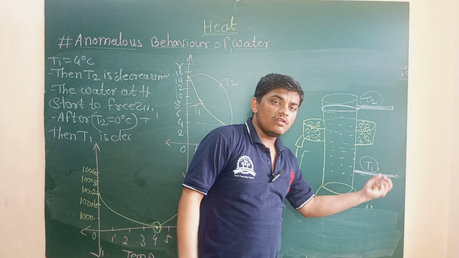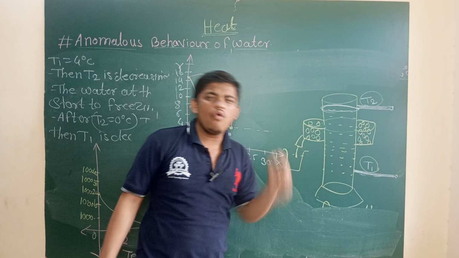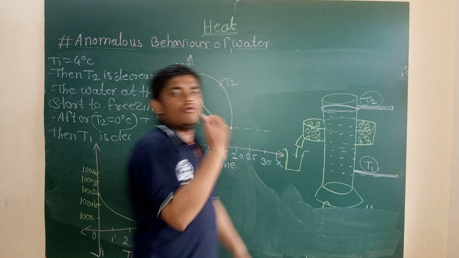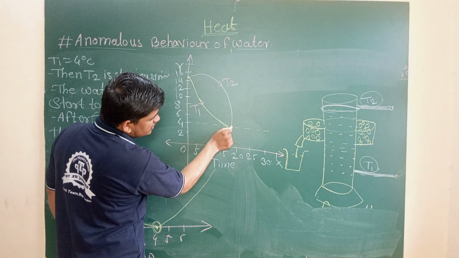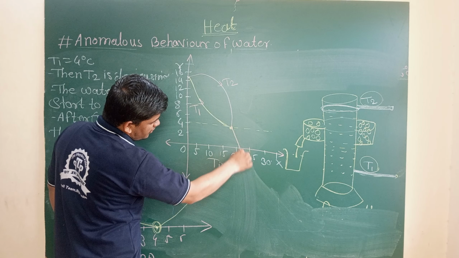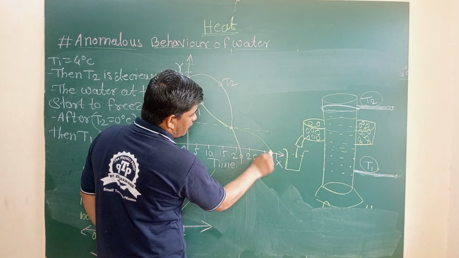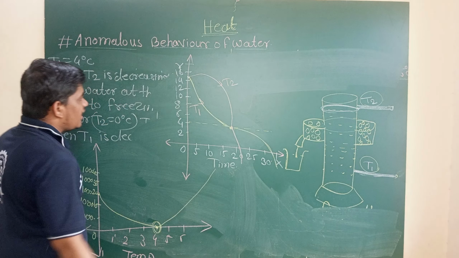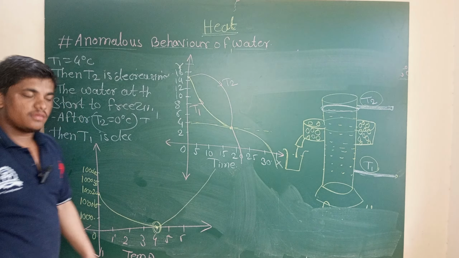Initially the temperature of water below, near the freezing mixture, decreases more quickly than T2 above it. Then T2 reduces first and T1 takes more time to come to 0. This is the behavior of water in the range of 0 to 4 degrees Celsius.